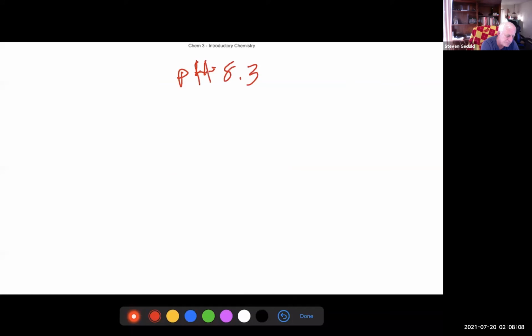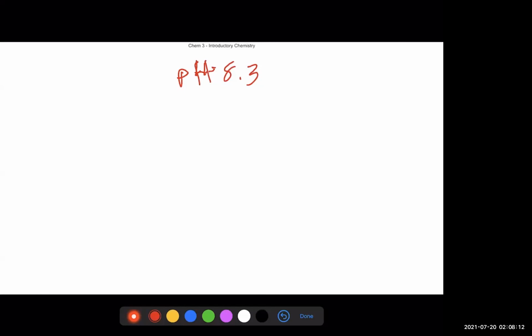Okay, so pH is equal to 8.3. Acidic or basic? Basic. So if your answer comes out greater than 10 to the minus 7, you know it's wrong because it has to be basic.